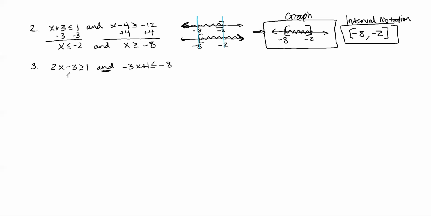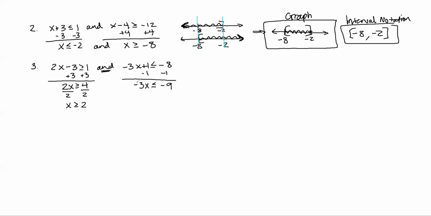So let's add the 3. So we get 2x is greater than or equal to 4. Then we want to divide by 2. So we get x is greater than or equal to 2. And now if we solve the other one, subtract the 1, we get negative 3x is less than or equal to negative 9.